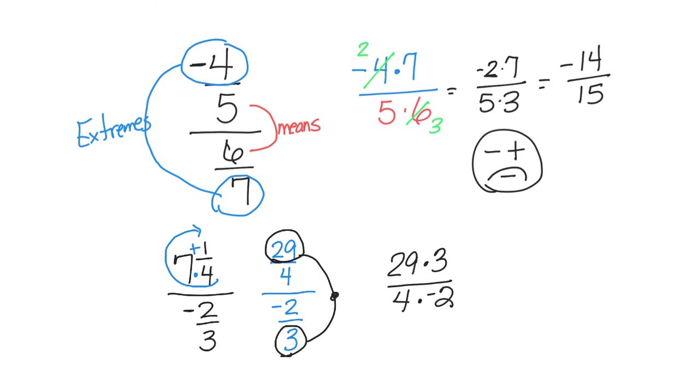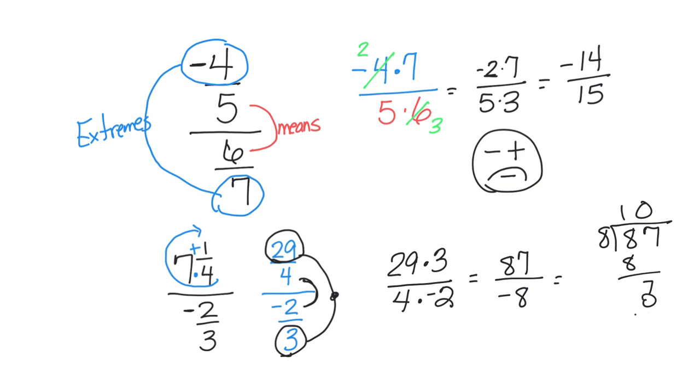I can't cross-reduce these because none of them have common factors. So my means were the 2 in the middle. 29 times 3 is going to result in 87 over negative 8. It's an improper fraction, so students would need to go to the side. 8 into 87, 10 times, 7 left over, we'll divide 0.